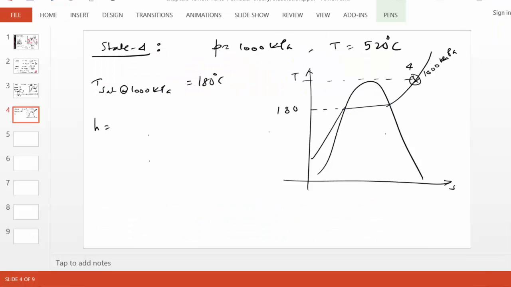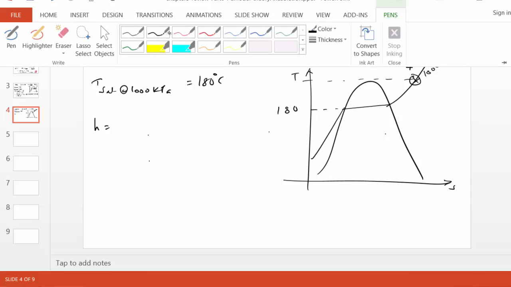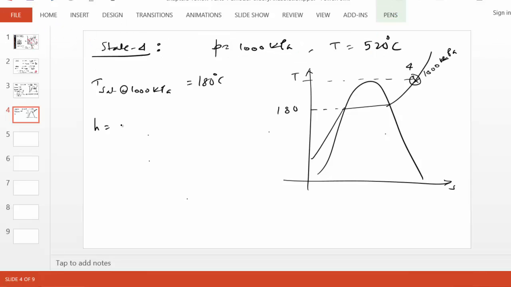So using these approximate values, we can write enthalpy is 3500 and entropy is, let's say, 7.82.